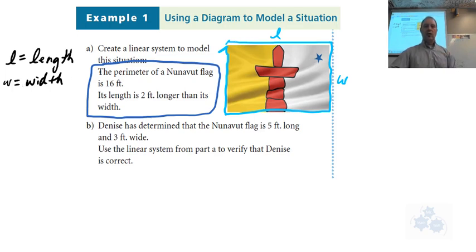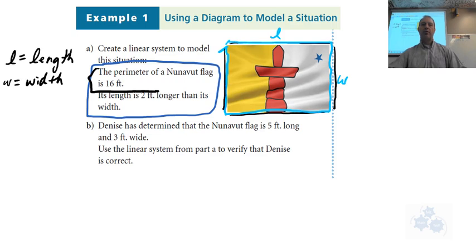Okay. So let's focus on the first one here. The perimeter of a Nunavut flag is 16 feet. So how do you get the perimeter of something? Well, you go the distance around, or you add up the length twice, and then you add up the width twice. So perimeter, which is 16 feet, is equal to length plus width plus length plus width.